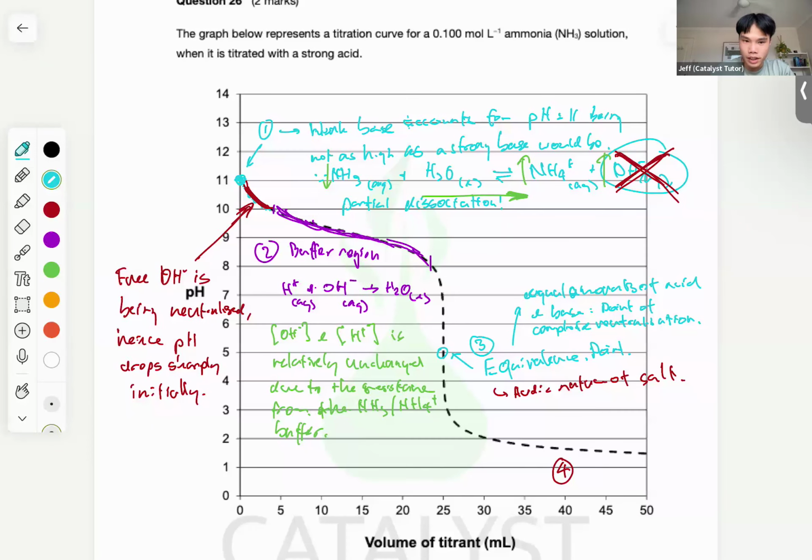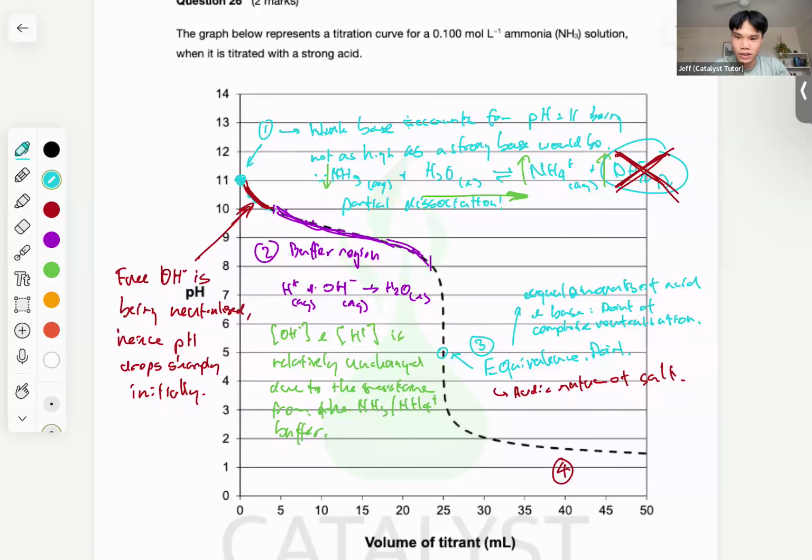The second thing to explain here, beyond the fact that it's got this sharp decline, why is the pH 5? I think someone mentioned it's an acidic salt, but how do we know it's going to be an acidic salt? How do we know this is going to be an acidic salt?